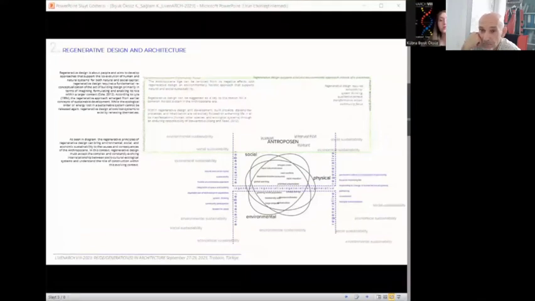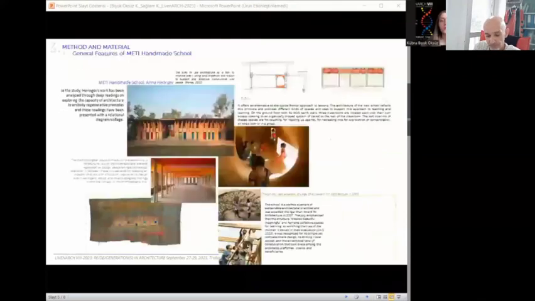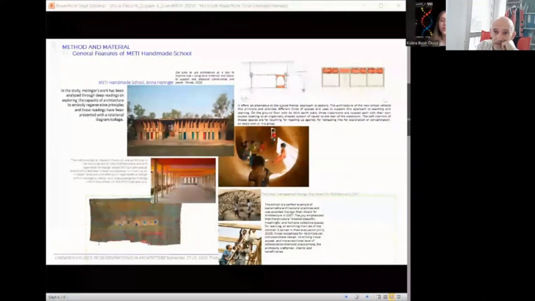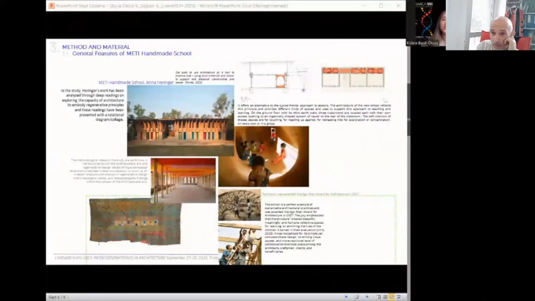These principles guide development towards sustainable built environments that acknowledge the complex and ever-evolving interplay between social, cultural, and ecological systems. And we investigated specifically Heringe's work, the Handmade School. We examined this example's construction process and lifespan from the perspective of regenerative design systems thinking.